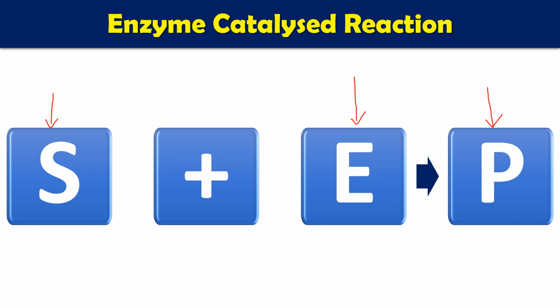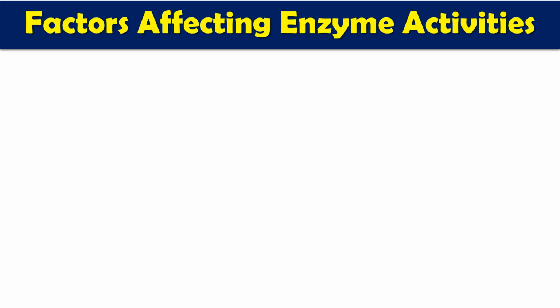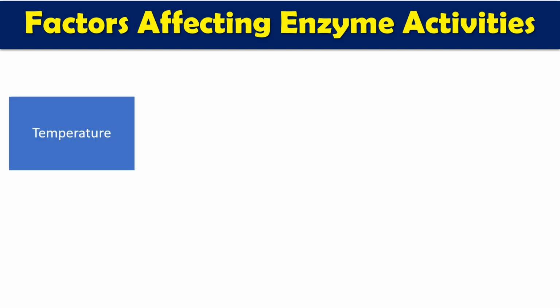So other than the substrate, enzyme and product concentrations, there are a number of other factors which affect enzyme activity in enzyme catalyzed reactions, such as temperature, because proteins are going to be denatured at higher temperature, so temperature ultimately affects the protein's structure.